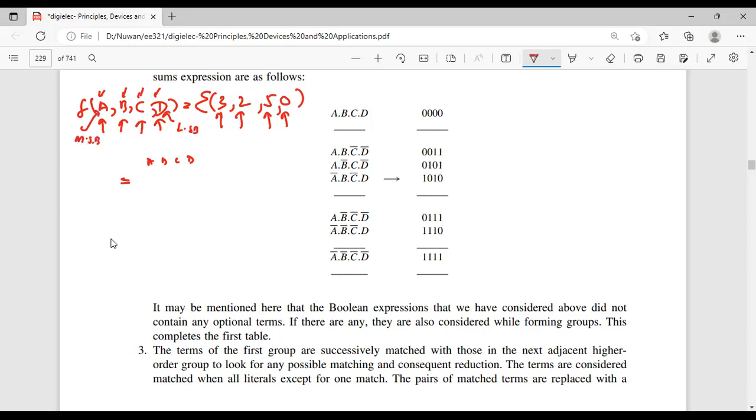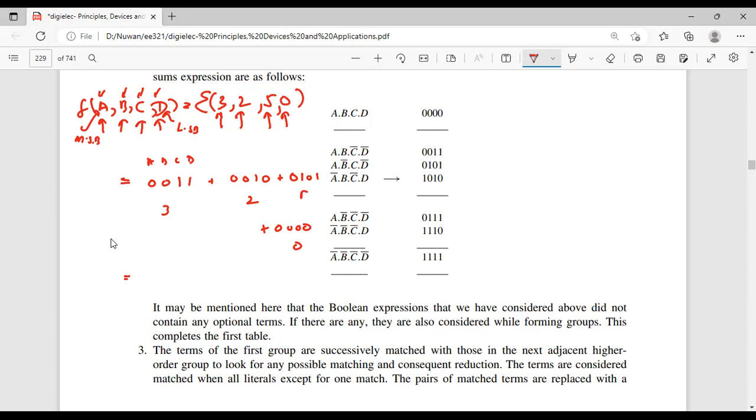So you will get 0011, this is 3, plus 0010, this is 2, plus 0101, this is 5, plus 0000, this is 0. So you will get this kind of bit stream. Then you have to write this in terms of the A, B, C, D variables.